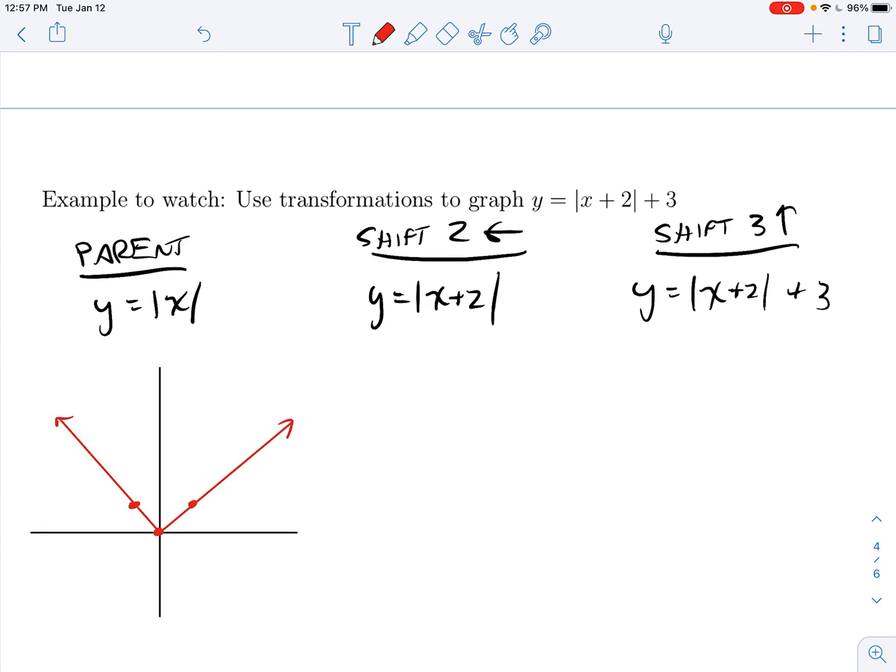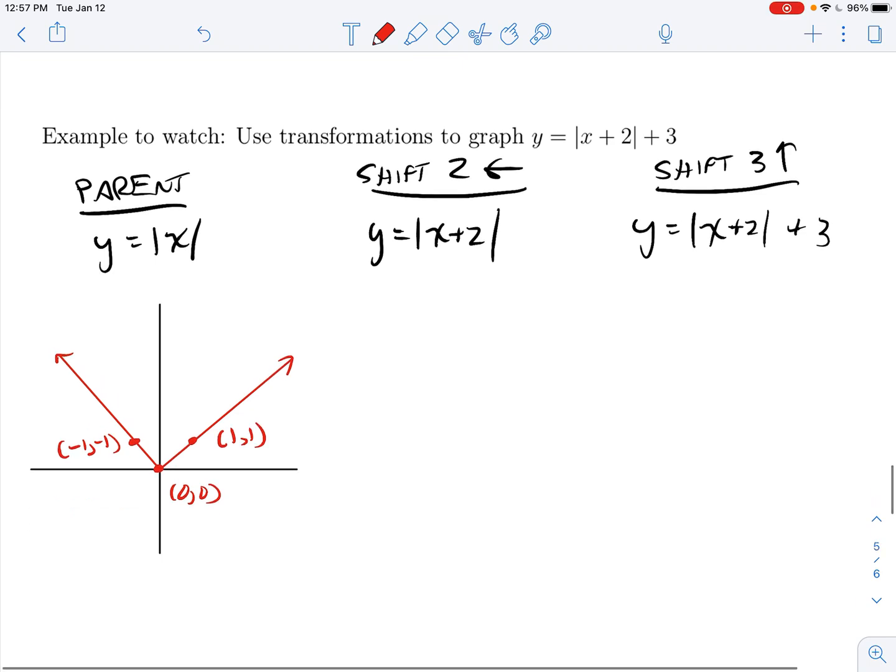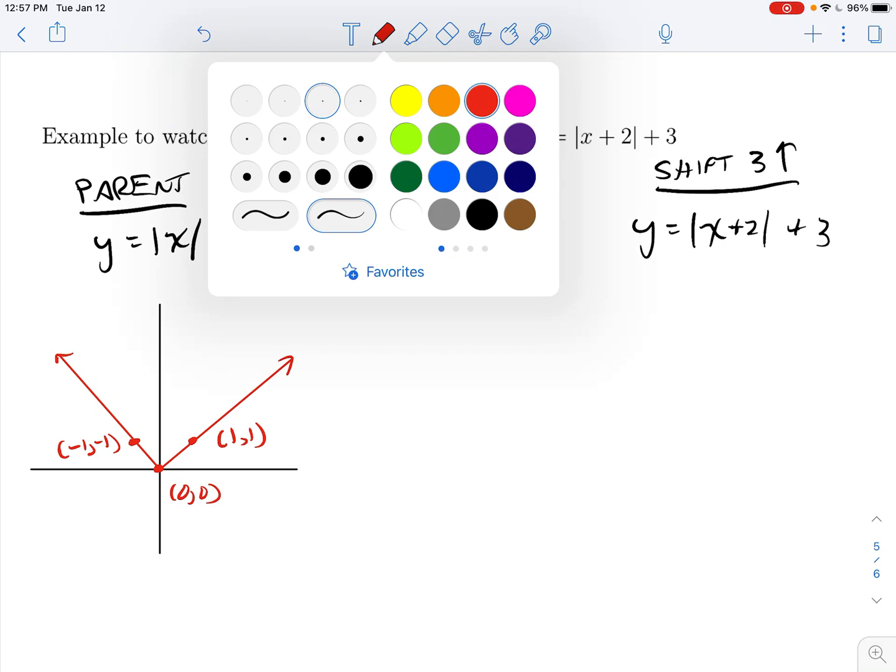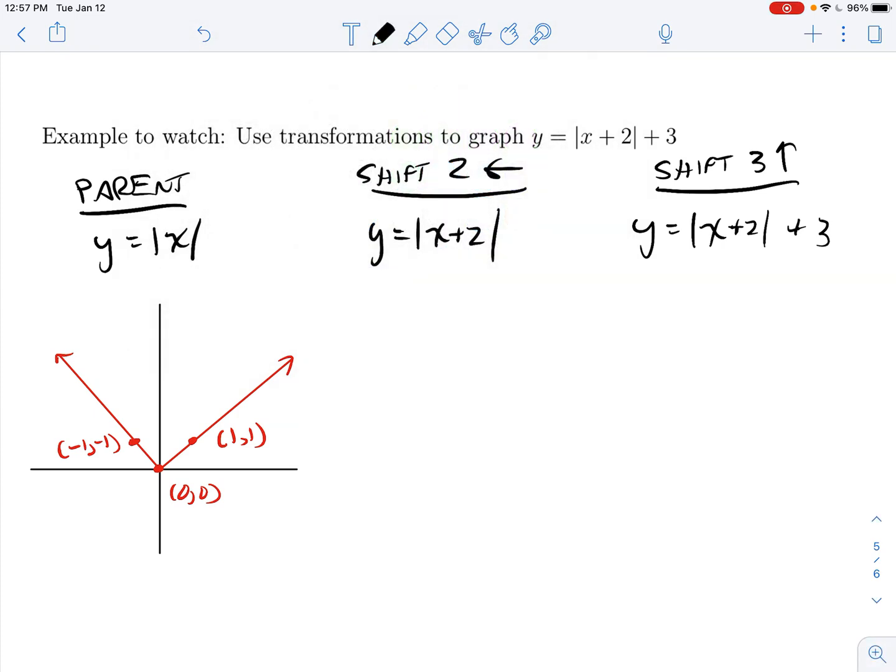So here's my absolute value graph. 1, 1 is on there, 0, 0 is on there, -1, -1 is on there. So now, what would that look like if I shifted it 2 units to the left? So I'm going to draw another grid here. And this time I will put some tick marks on it.